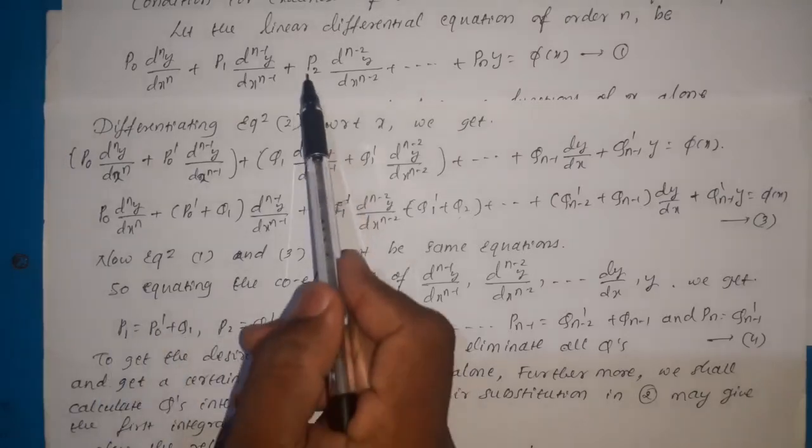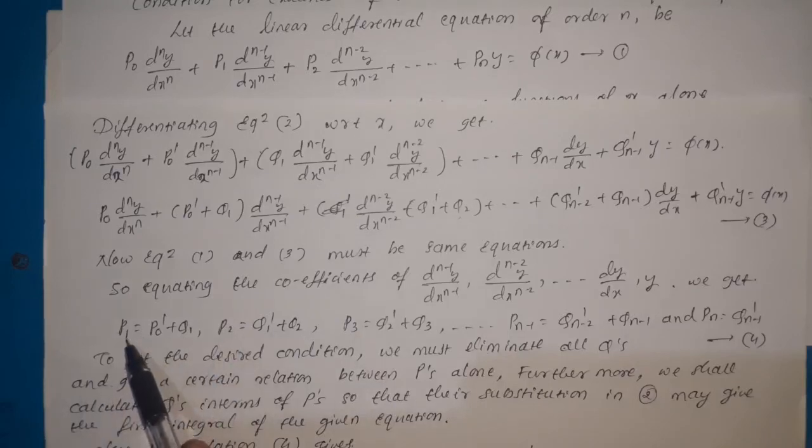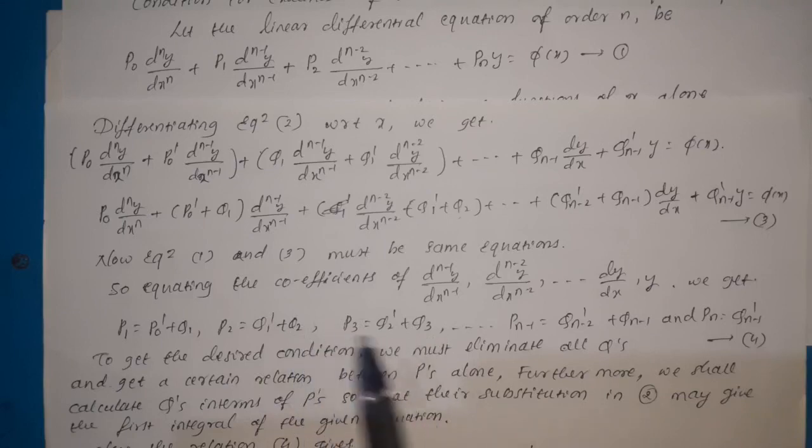Similarly, here we have p2 equals q1' plus q2, then p3 will be q2' plus q3, p4 will be q3' plus q4. Here this is p1 and here we get q1, p2 q2, p3 q3, and before this we need to differentiate the previous function, that is q2', q1', like that.